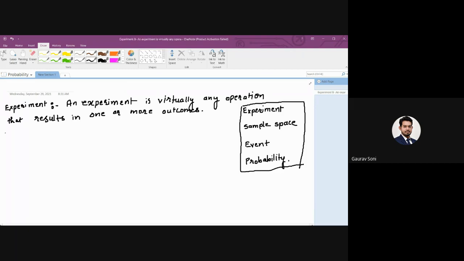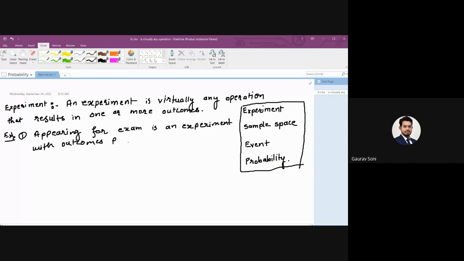Say for example, appearing for an exam is an experiment with possible outcomes pass or fail.